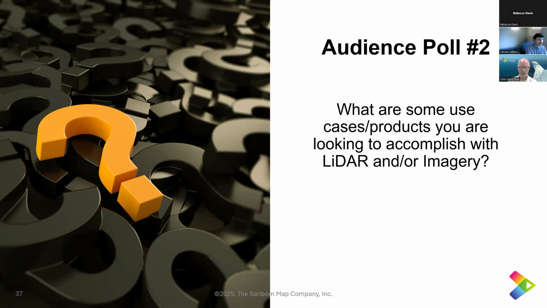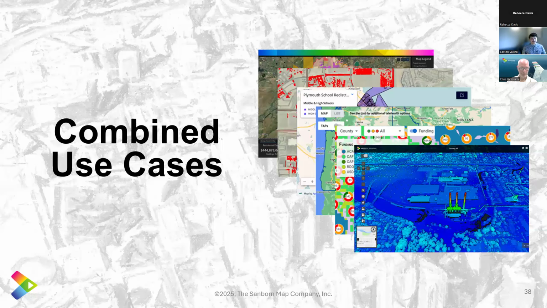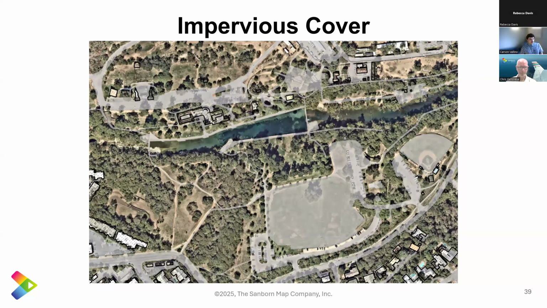It's a great idea. So as Chris said, we're going to talk about some combined uses, really leveraging both imagery and LiDAR together to get the best available end product that you can. Chris, I'll kick it off to you for impervious. Sure. Impervious is a great tool for many different uses, and it can be defined in different ways depending on the specific use case. Some people will include paved surfaces.